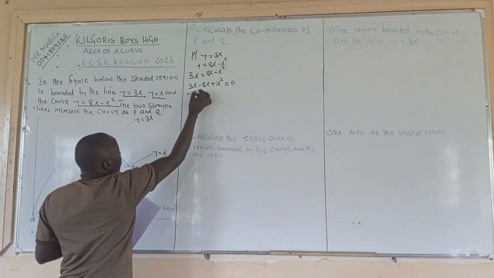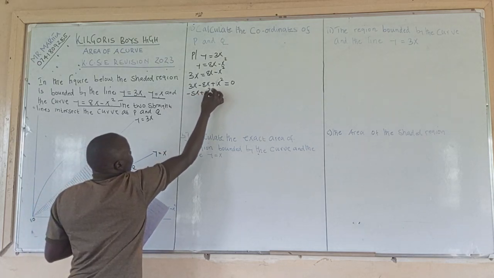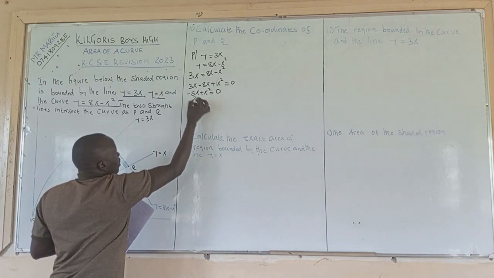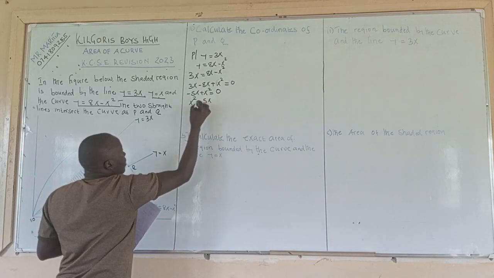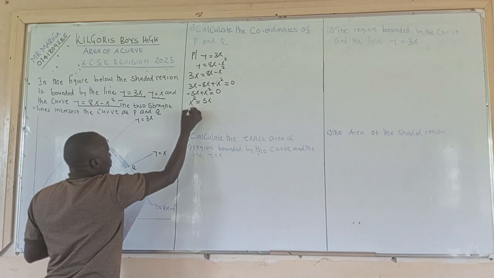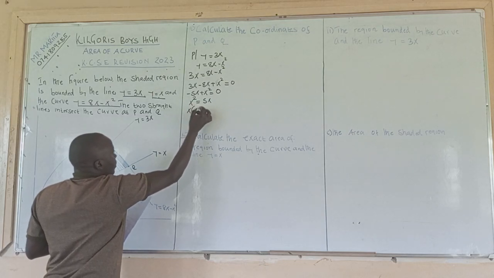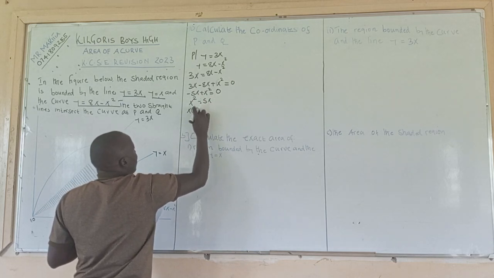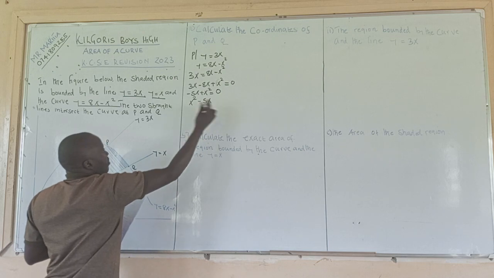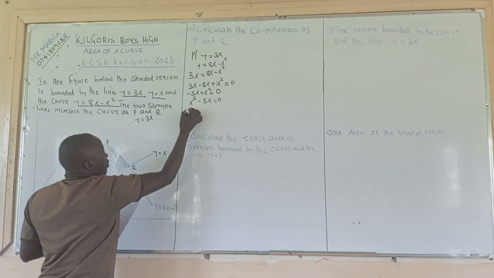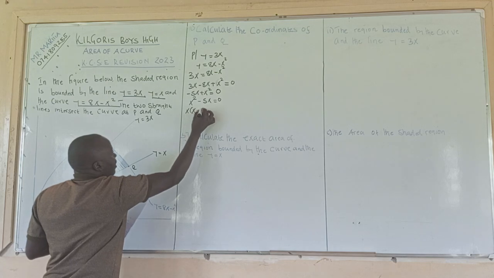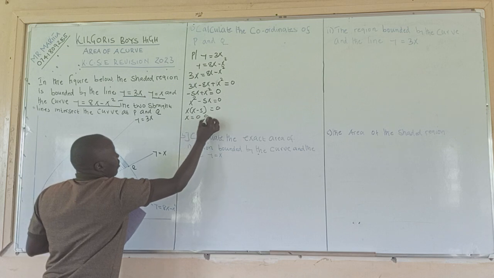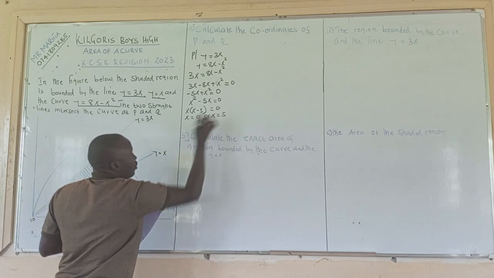So we have minus 5x plus x squared equals 0, which is x squared minus 5x equals 0. Factoring out x, we have x into x minus 5 equals 0. So x = 0 or x = 5.